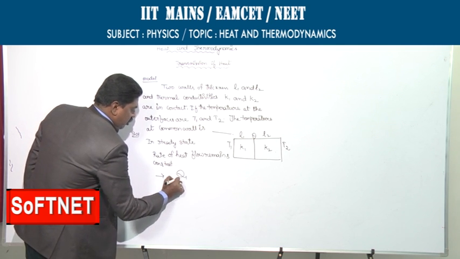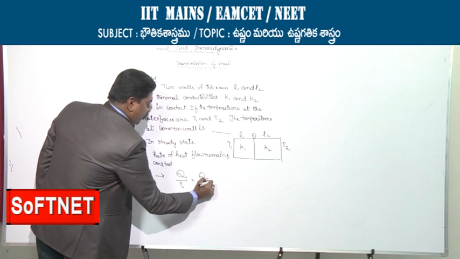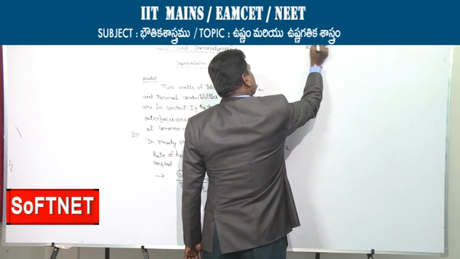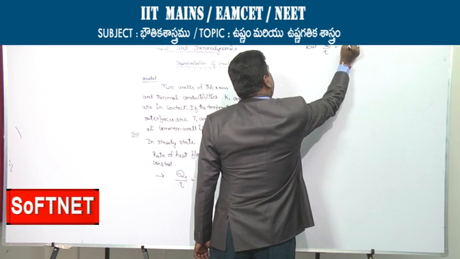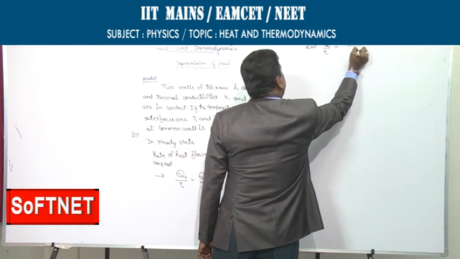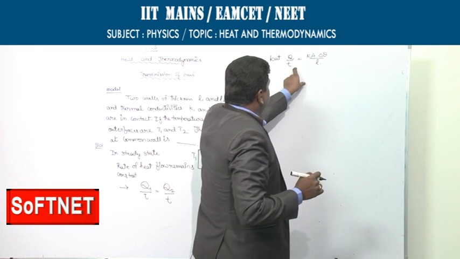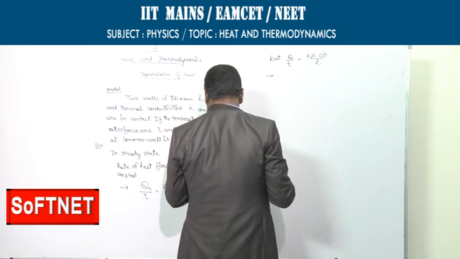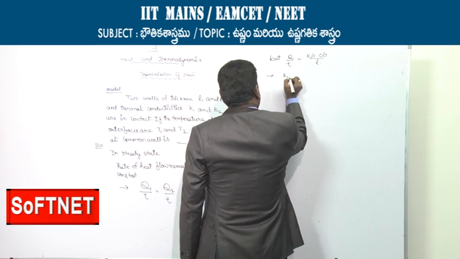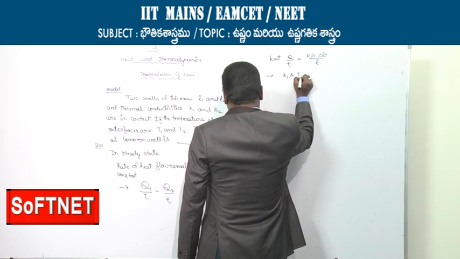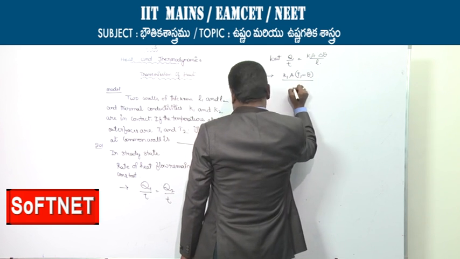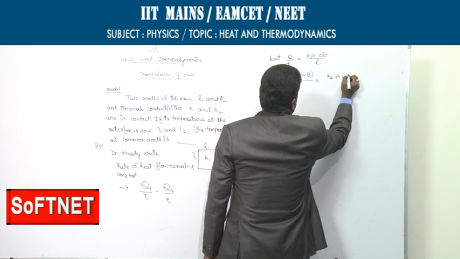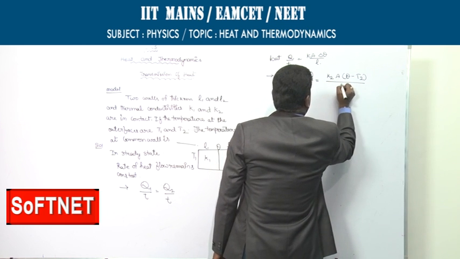Implies Q1 by T is equal to Q2 by T, but Q by T is equal to K A delta theta by L, implies K1 A into T1 minus theta by L1 is equal to K2 A into theta minus T2 by L2.